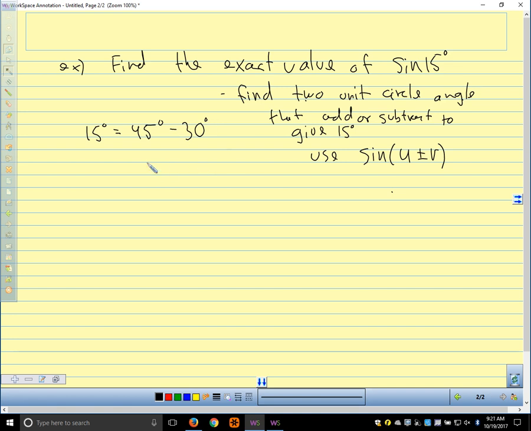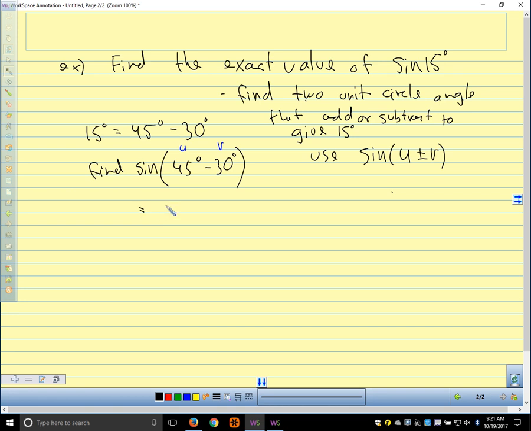So what we're doing is we want to find the sine of 45 degrees minus 30 degrees. And in my formula, my equation, my identity, that's going to be u, and that's going to be v. And then we're going to plug those in.